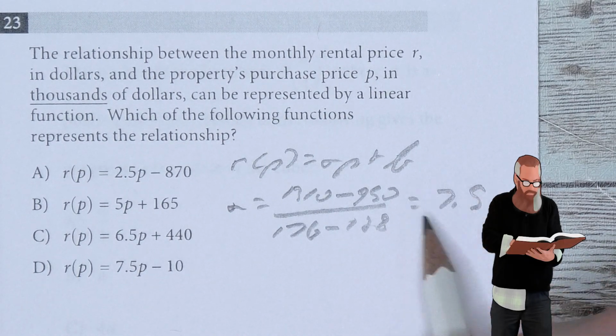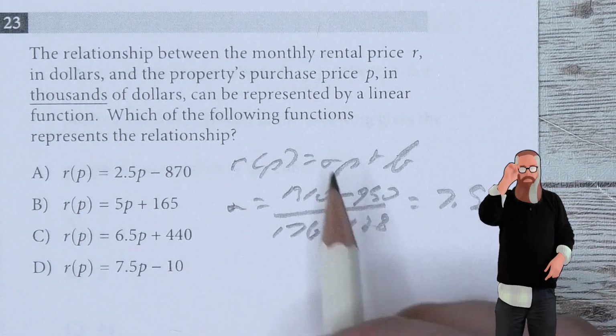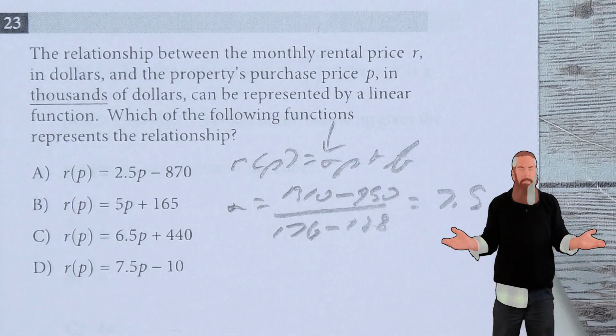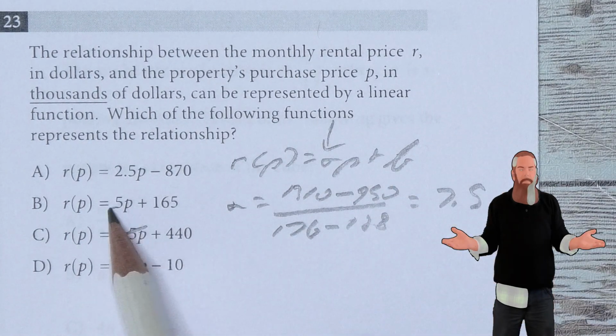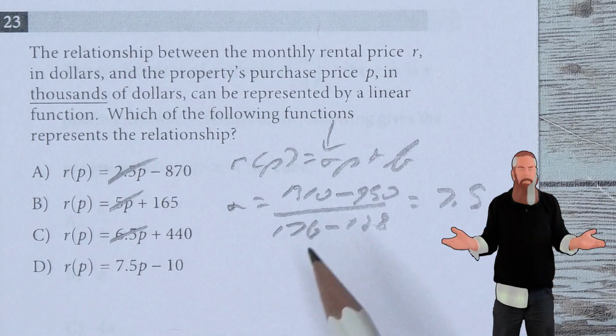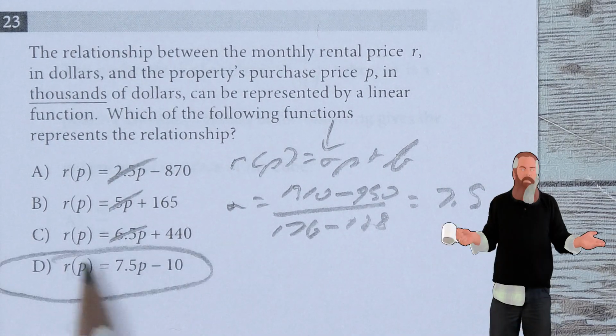Now, since A is 7.5 and A is really representing the slope, the change that's going on here, if it doesn't have that as the number in front of P, then I go ahead and eliminate it, so D is the answer.